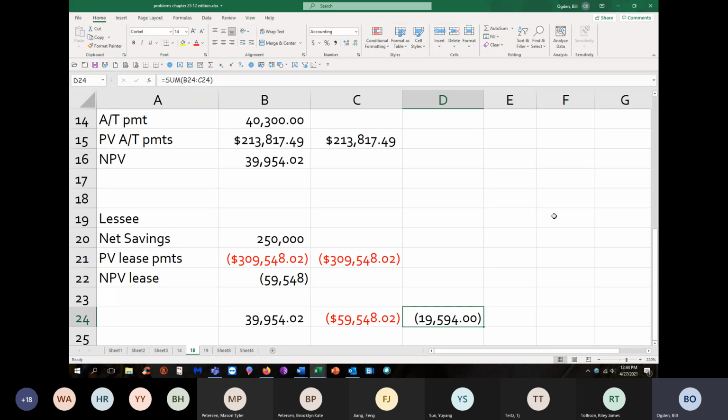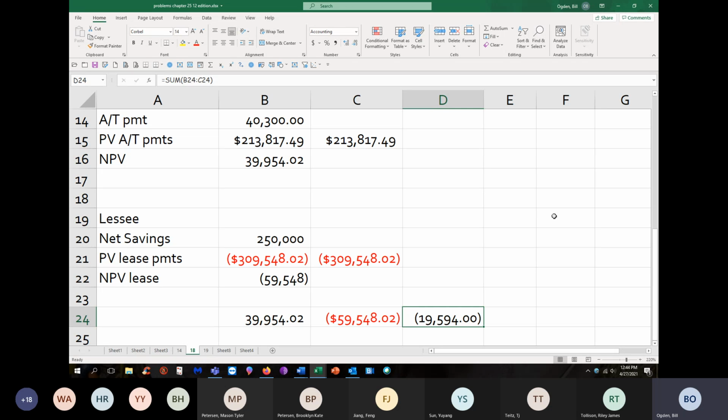But my concern is, what did I gain from this? What do I know now that I didn't know before I added these NPVs together? Well, what if this number would have come out positive? Does that mean there will be a lease?